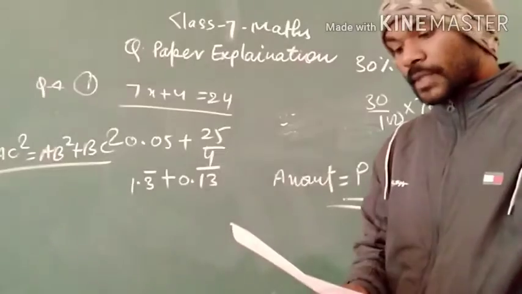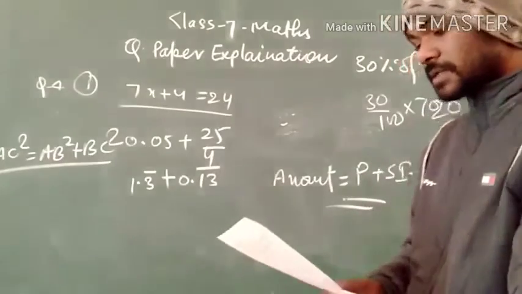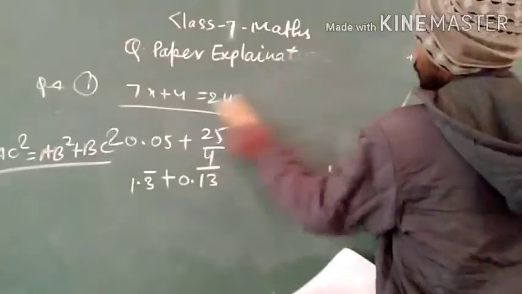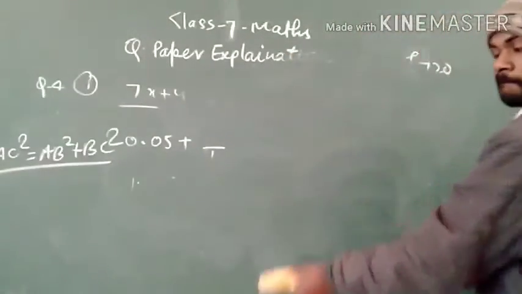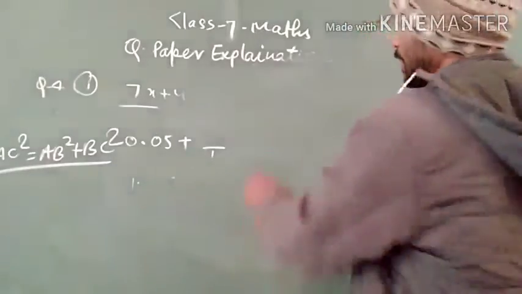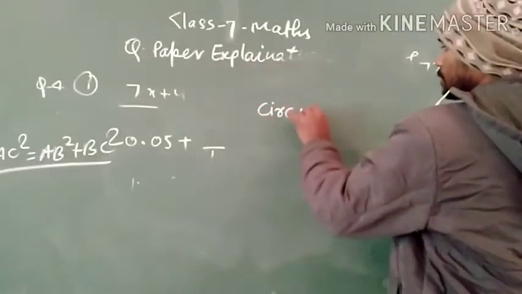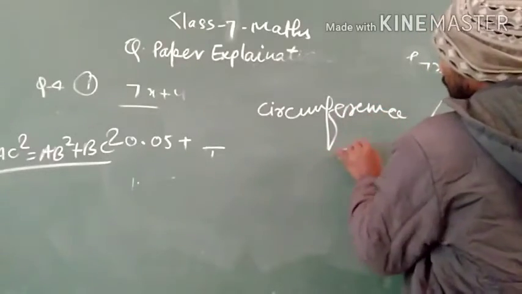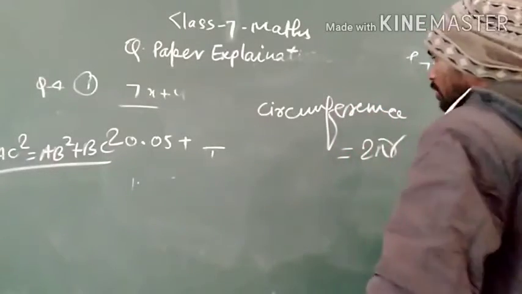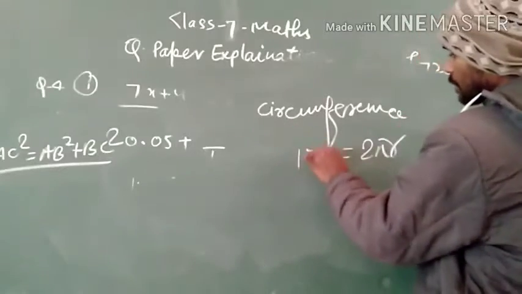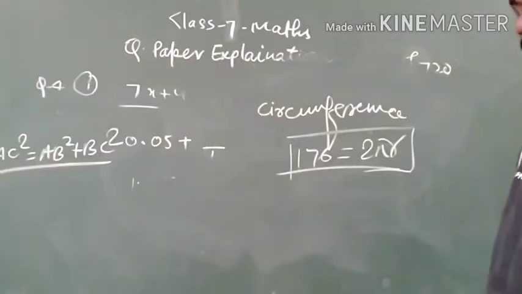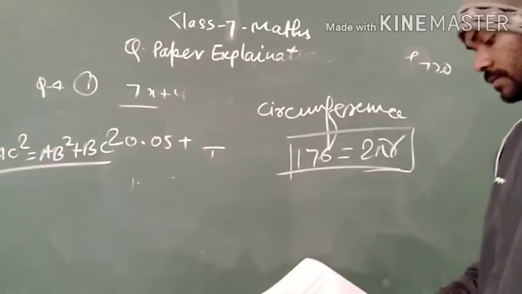The next is, the circumference of a circle is 176 centimeters. Then find its diameter. We know that the circumference of a circle is 2 pi r. The circumference is given as 176. So just solve this, you will get your result.